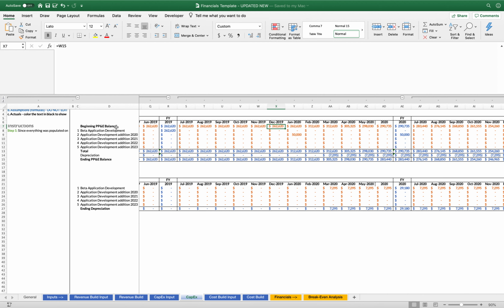PP&E is plant, property, and equipment. So that's just a fancy way of saying CapEx. That's more traditional. Like again, if you're buying any sort of machinery or a warehouse or something like that, that's just a traditional way of saying it. So that's the beginning value of CapEx, and it's basically pulling on the ending PP&E balance.